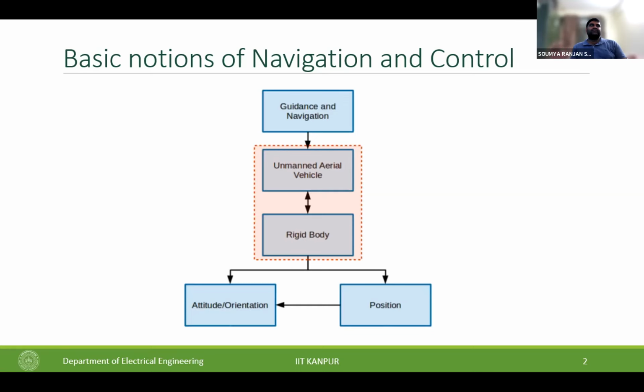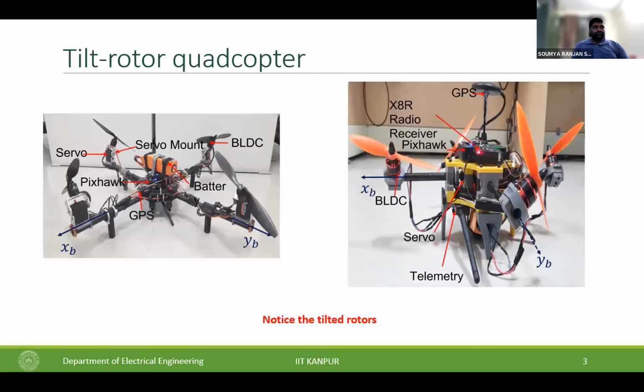Now, if by any chance the direction of the thrust can be changed, and it need not be perpendicular to the body frame, then possibly we might be able to decouple the control of position from the control of attitude.